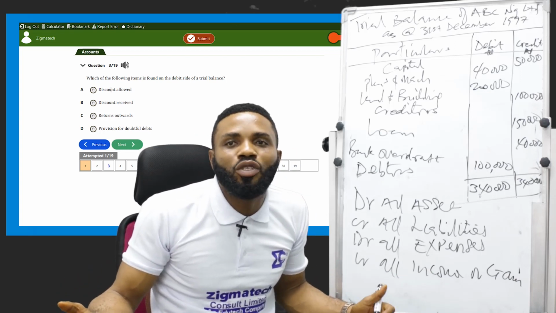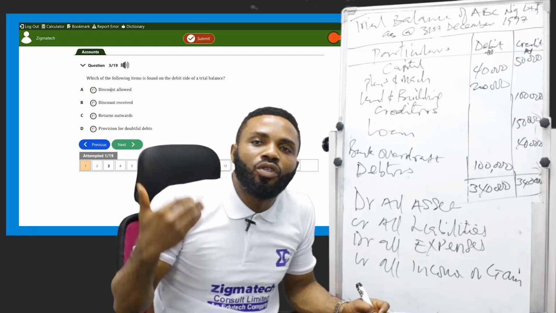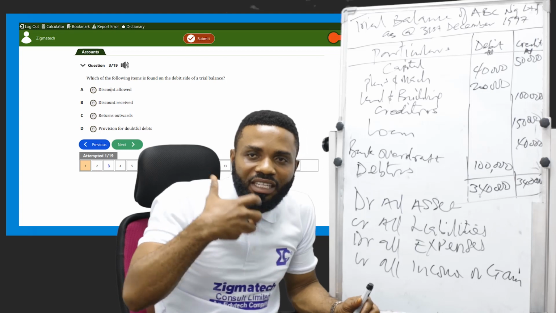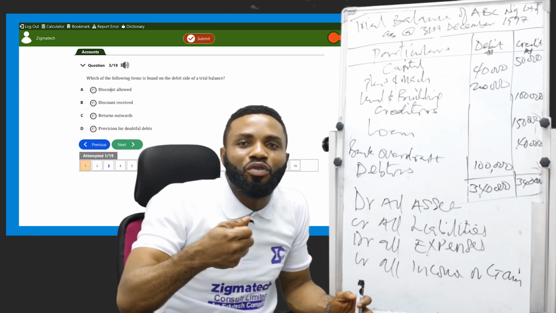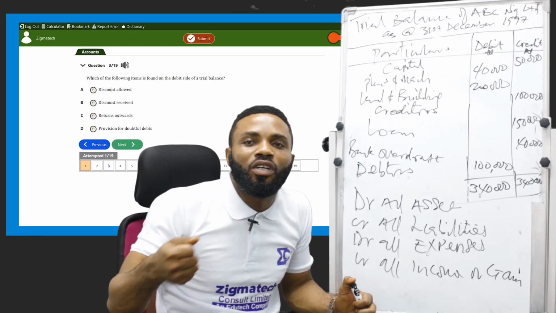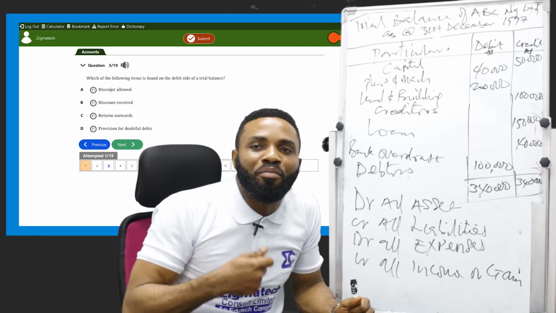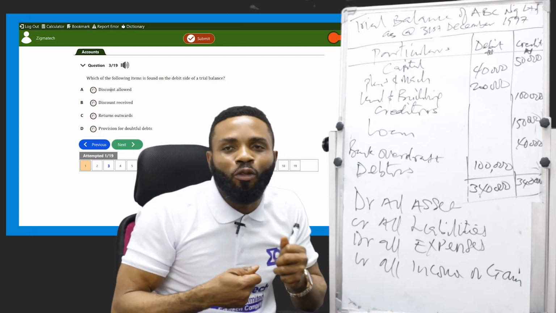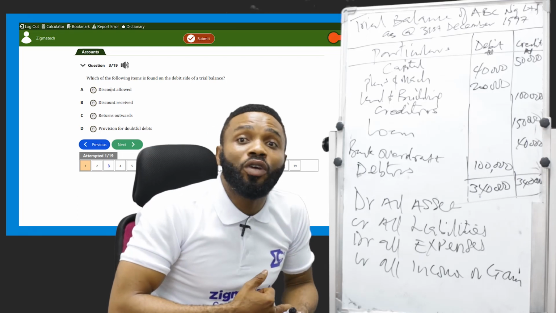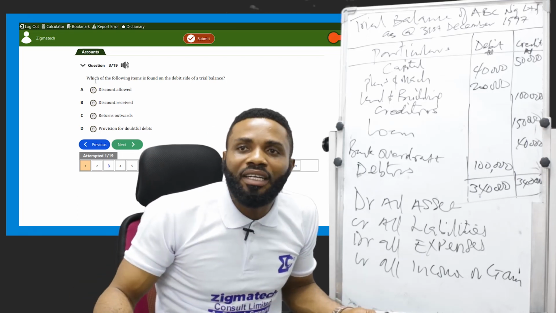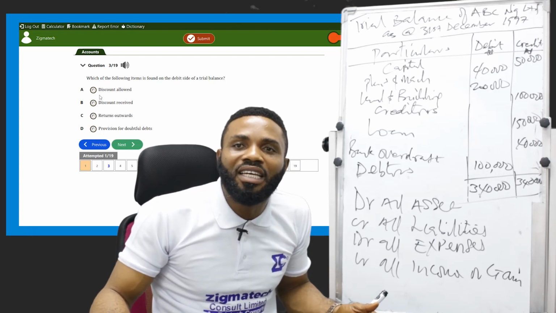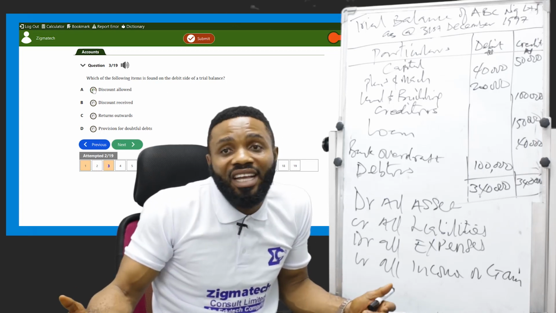Discount allowed is what you gave out to your customers. Discount received is what you received. Return outwards is the item you return back to your supplier. And then provision for doubtful debt is money set aside to cover a debt you are not sure of recovering. So the only item that should be on the debit side of the trial balance is discount allowed, because it's an expense.